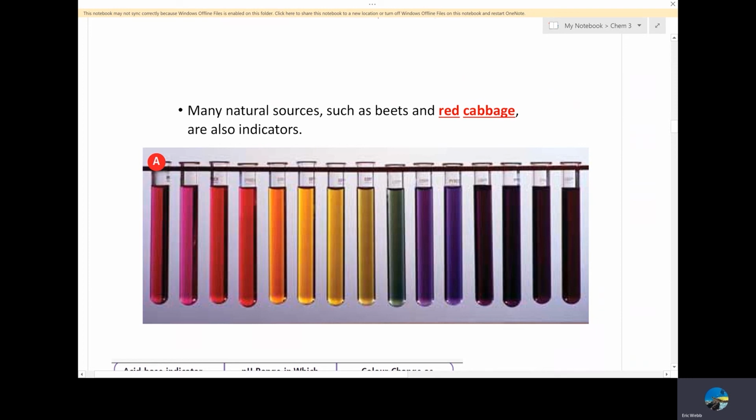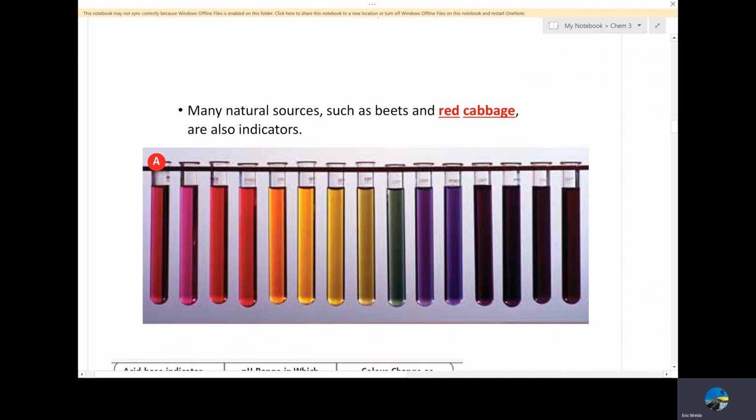If you take a red cabbage and juice it, you can use the juice as a pH indicator, and you'll get a color range similar to the universal indicator. Cabbage juice is a light red in acidic solutions. It's a deep purple in basic solutions, and you get a range of colors in between.